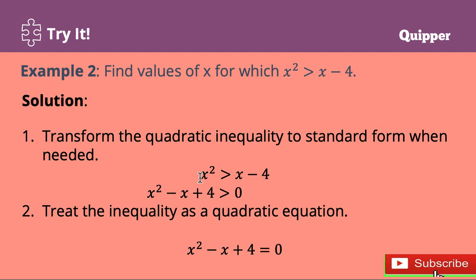This is the given inequality, and we transform it into standard form: x squared minus x plus 4 is greater than 0. And take note, we are going to treat the inequality as a quadratic equation. So we have now x squared minus x plus 4 is equal to 0. This is now the corresponding quadratic equation.